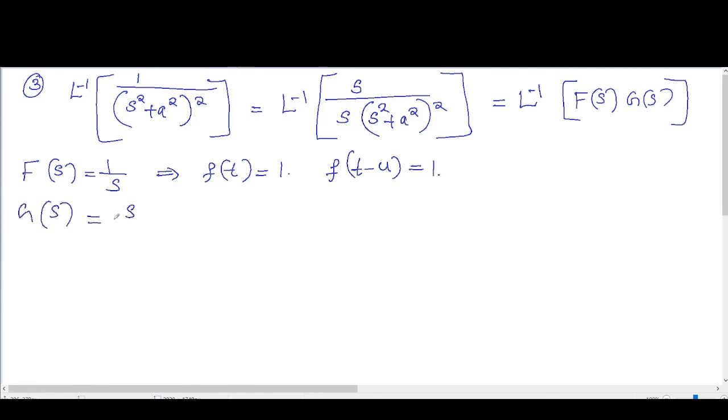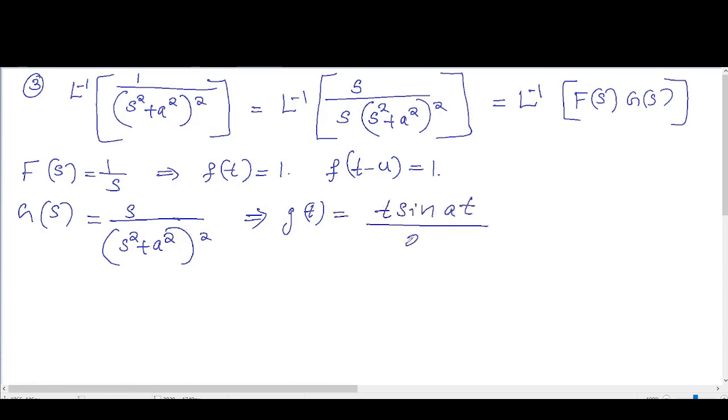G of s is s by s square plus a square the whole square. And what is the corresponding g of t here? The corresponding g of t is t into sin a t divided by 2a. This is our equation number 1.